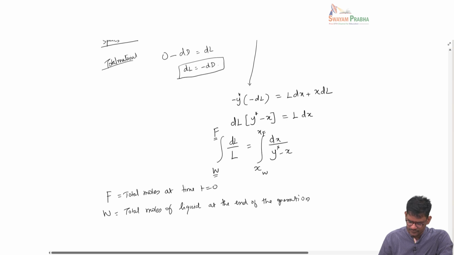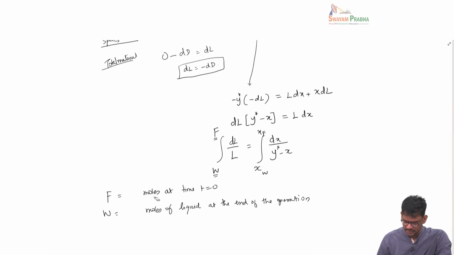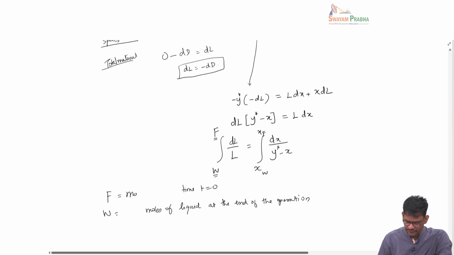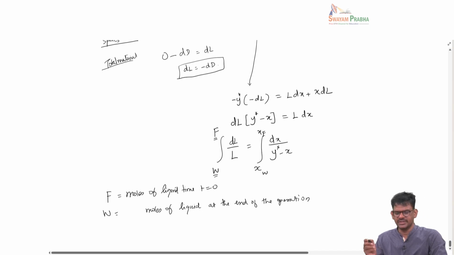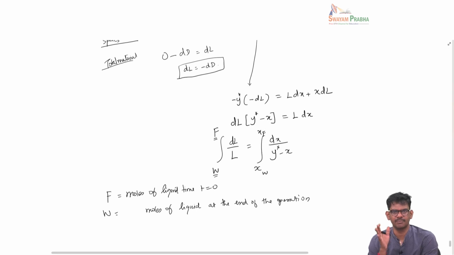We don't have to write total because we are referring to liquid anyway. So we say moles of liquid. In this problem we started with initially a complete liquid system.